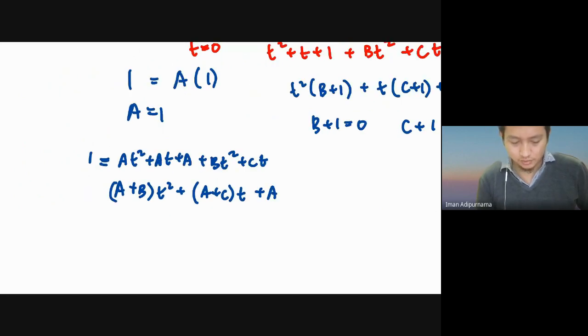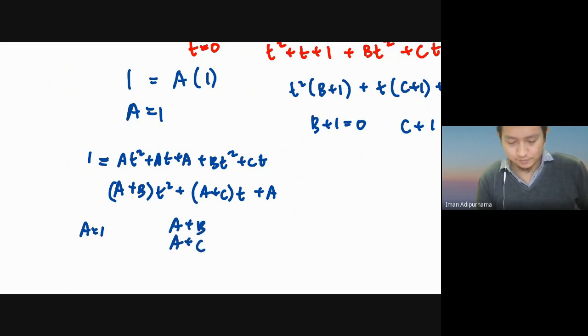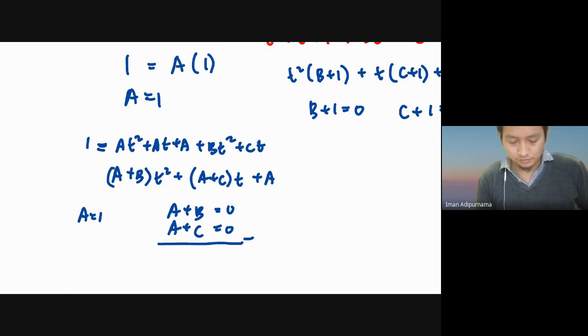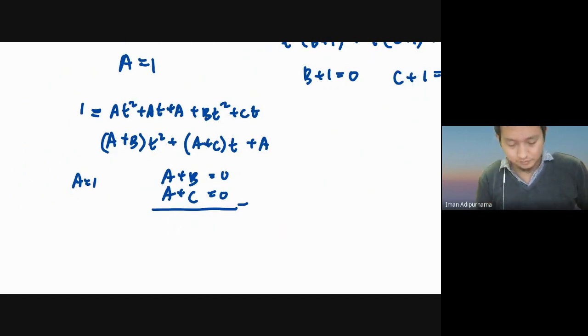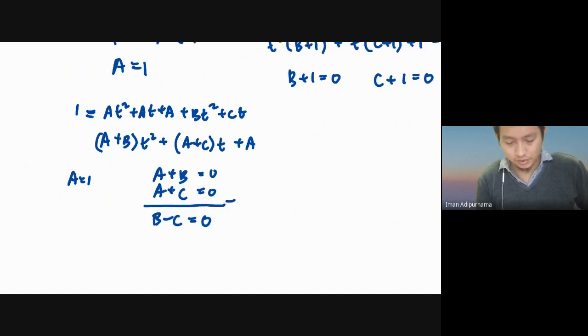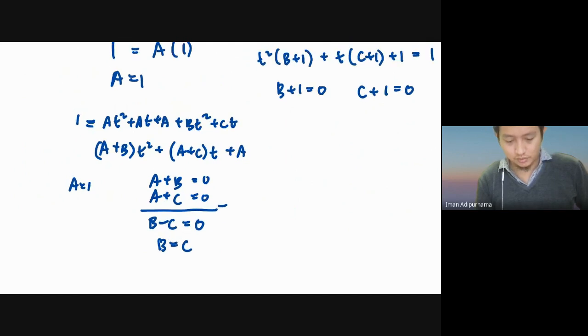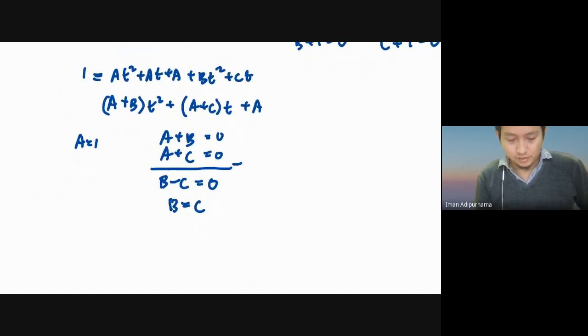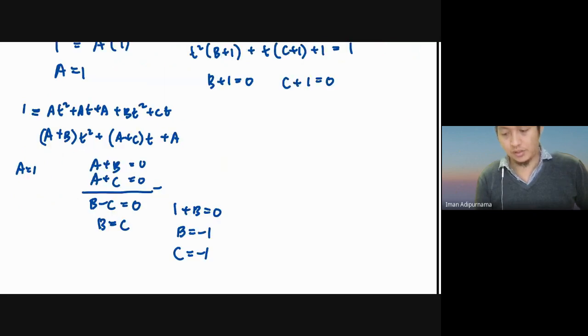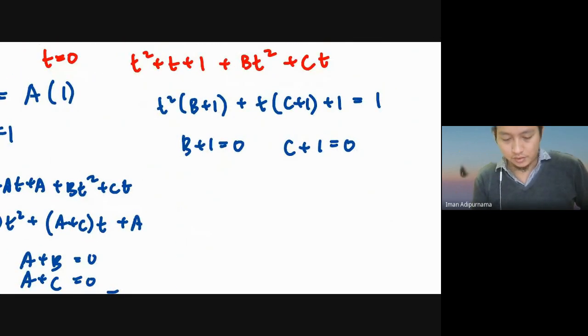So a is 1, a plus b, a plus c is 0. So b minus c is 0, so b equals c. Since b equals c, 1 plus b is 0. So b is -1 and c is also -1. Okay, just checking to make sure. Yeah, b is -1, c is -1, this is true.